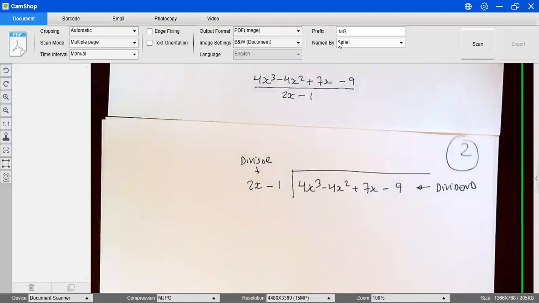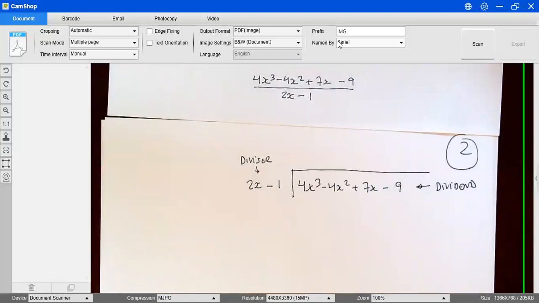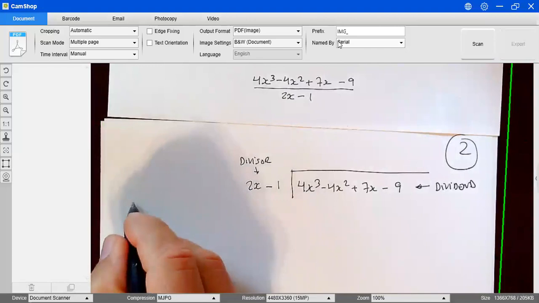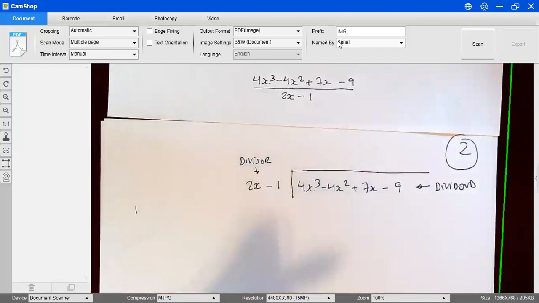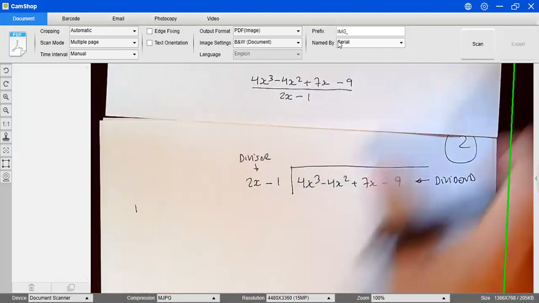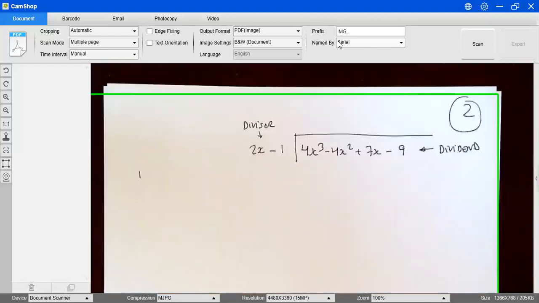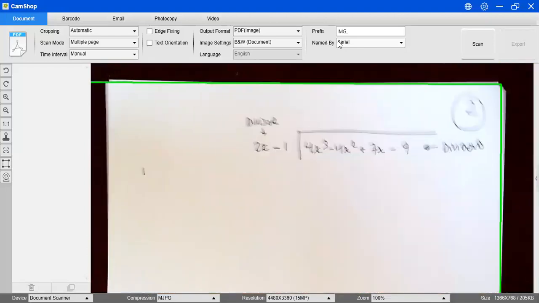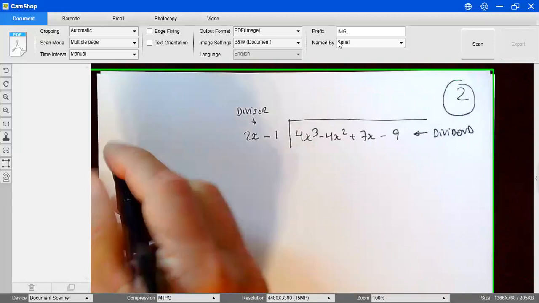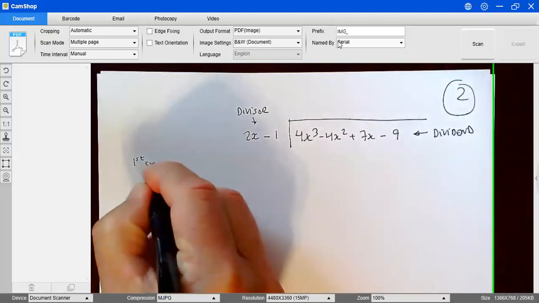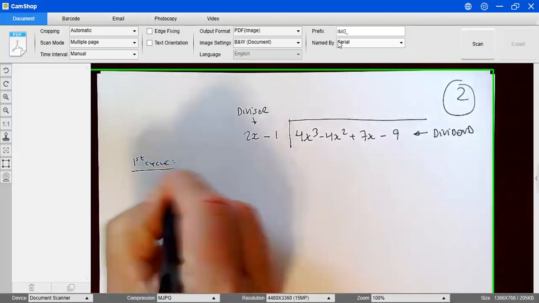We're going to repeat the steps many times, so we're going to have some cycles. We're going to start with the first cycle. I'm going to write here on the left all the operations I'm going to perform, and then you're going to see on the right how the division proceeds. So I'm going to start with the first cycle.